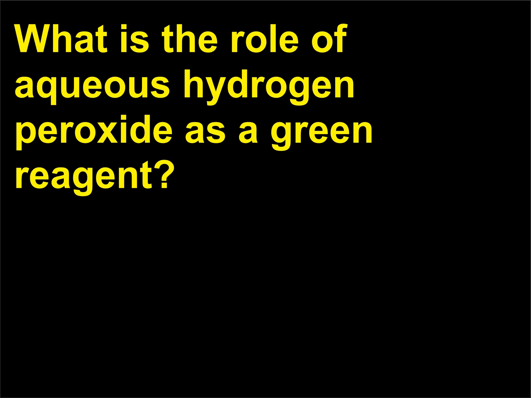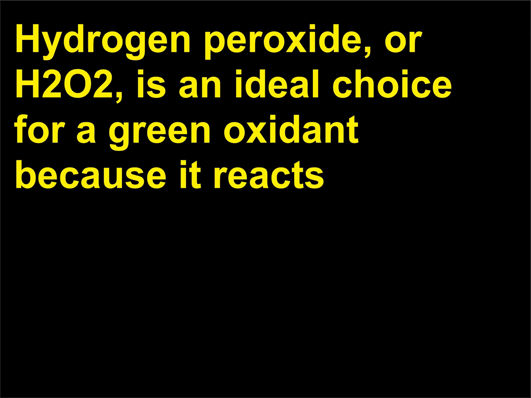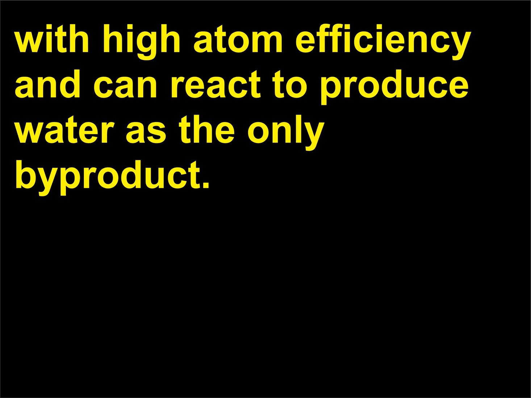What is the role of aqueous hydrogen peroxide as a green reagent? Hydrogen peroxide, or H2O2, is an ideal choice for a green oxidant because it reacts with high atom efficiency and can react to produce water as the only byproduct.